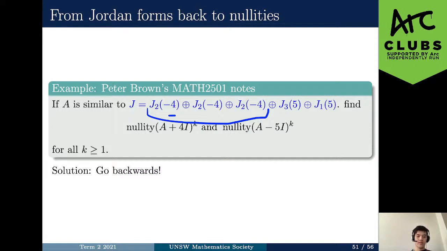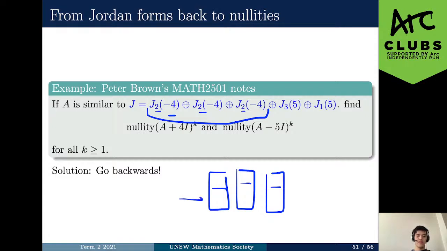If you use a block diagram, one way to think of this is that we have a block that has a size of 2, and then we have another. These are all 2s, so we actually have 3 separate blocks, and each block has a height of 2. What that means is that all of the vectors on the bottom are eigenvectors.